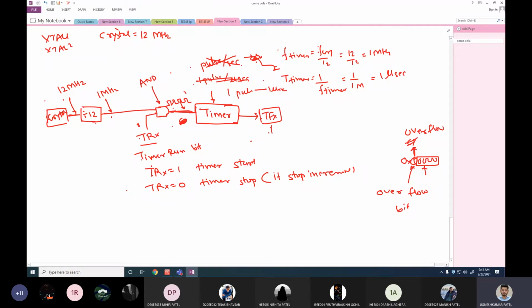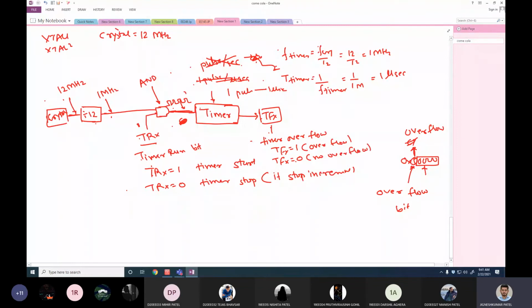What is it? It is the timer overflow bit. What does TFX equal to 1 mean? That overflow has occurred. And what does 0 mean? No overflow. That's the very basic meaning.